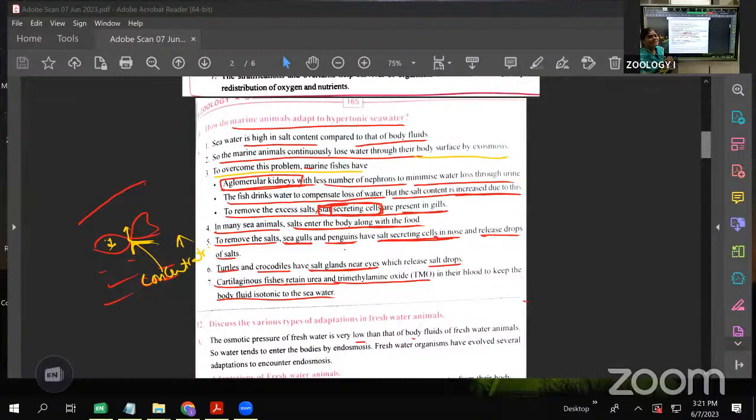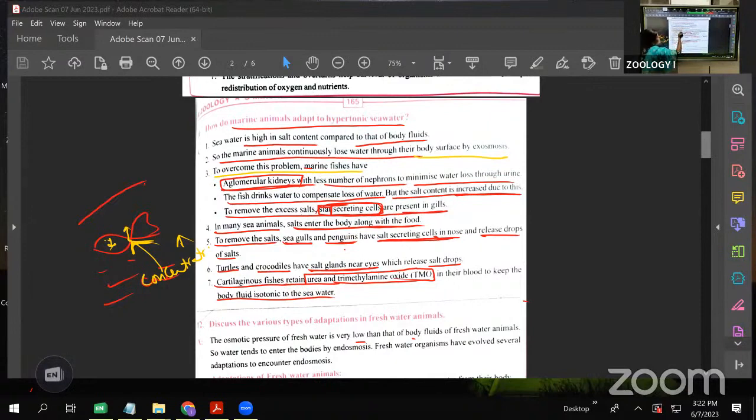Clear? These are the adaptations to hypertonic sea water.